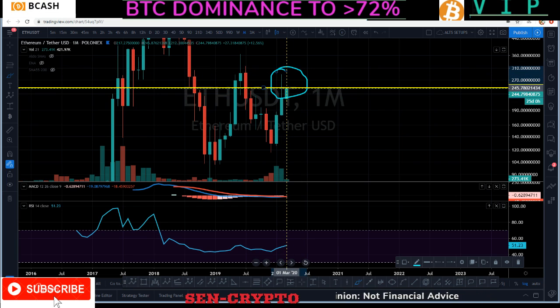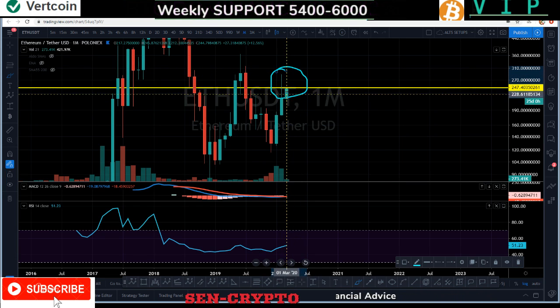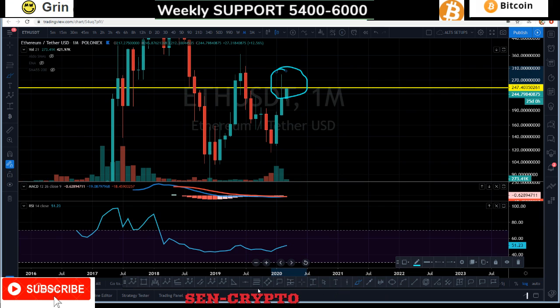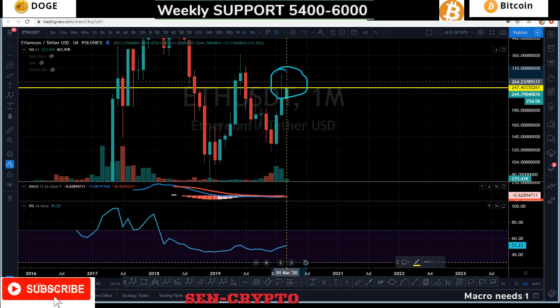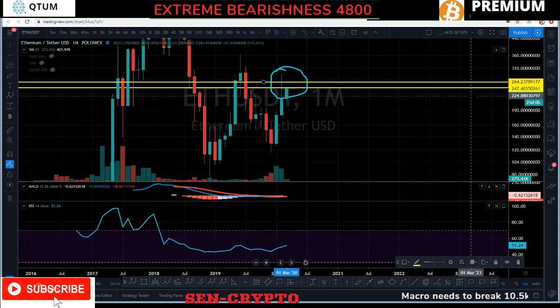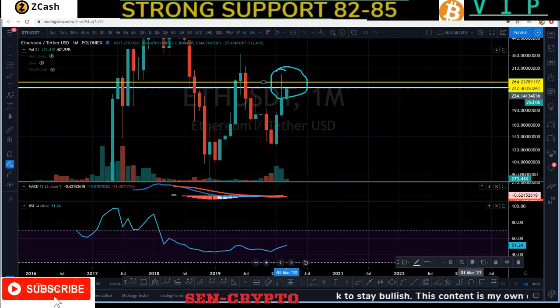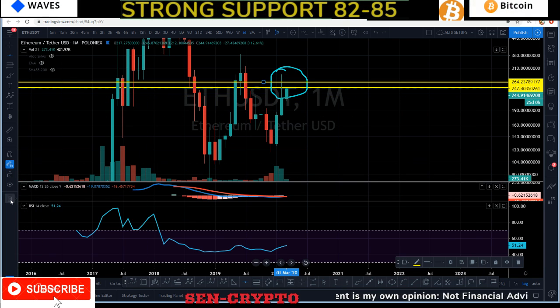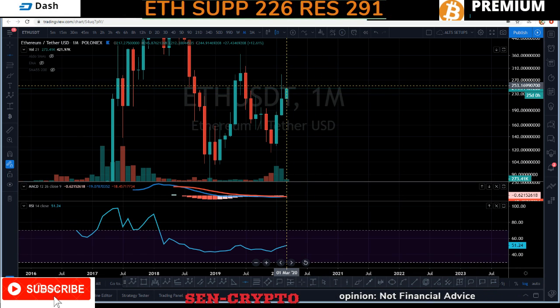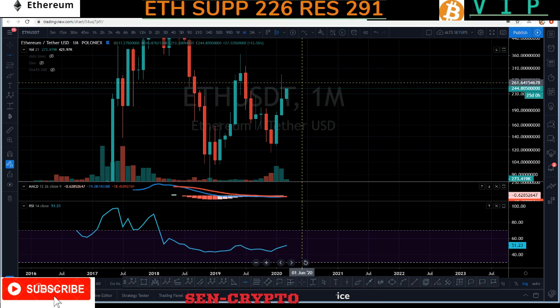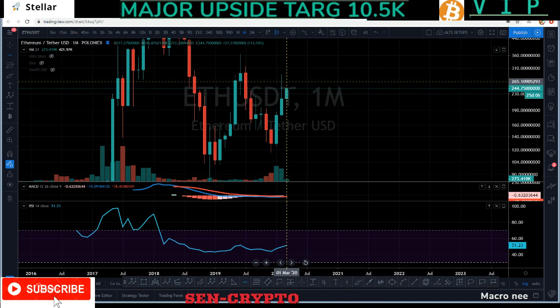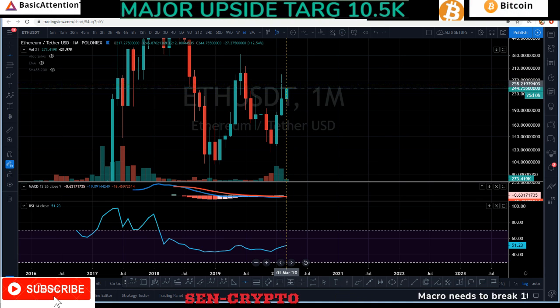Ether already retested 50% of this wick, and sometimes it can go to 75% of this wick, which is just about 264 on the monthly basis, without even looking at the daily or 4-hour analysis. You can see everything on the monthly basis, okay? So similarly to BTC, where we're looking for mid 9K to 10K resistance, Ether, similarly, we're going to be looking for resistance up to 264, okay?